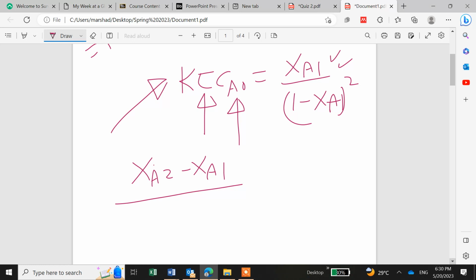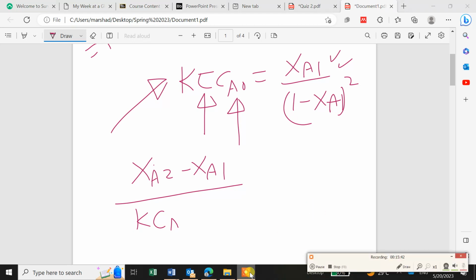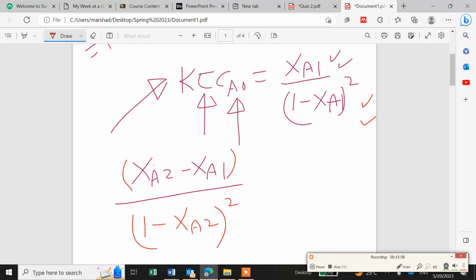XA2 minus XA1 divided by 1 minus XA2 square equals K tau C naught.